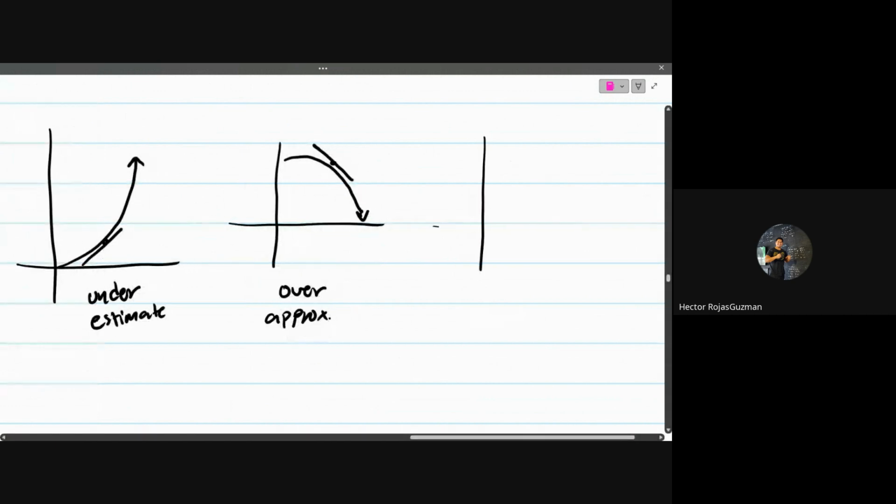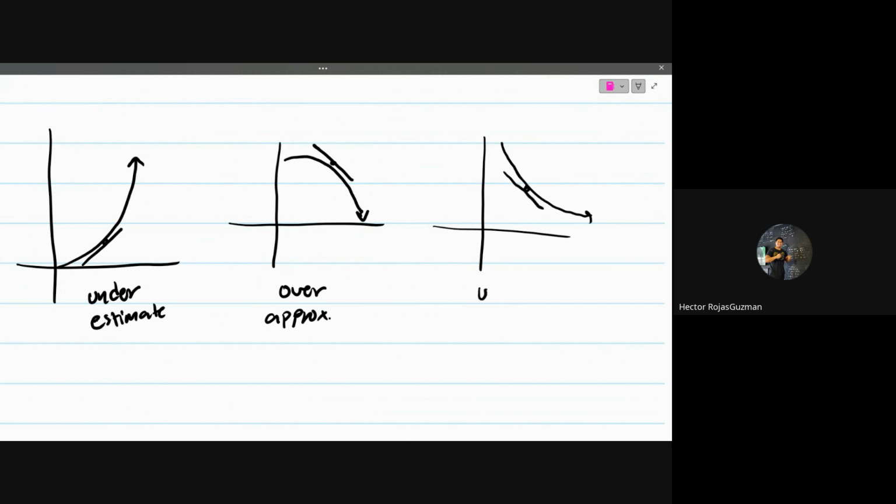If we have a decreasing function that is concave up, our tangent line would be an under approximation, since it's placed below it. So in other words, basically draw out the function and actually draw the tangent line to see if it's going to be an over or an under approximation. There we go.